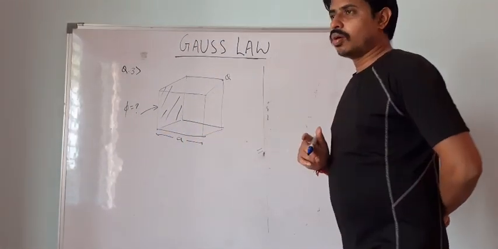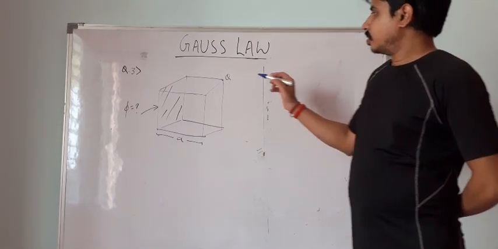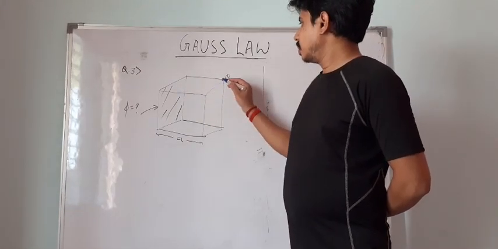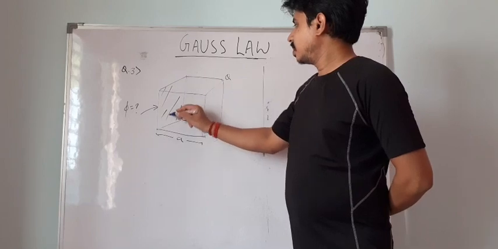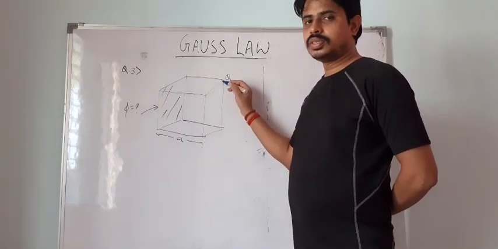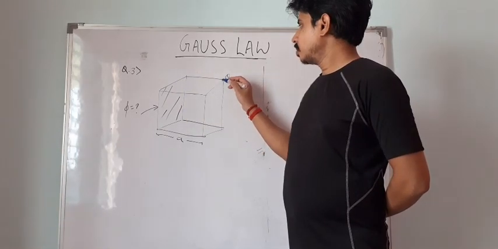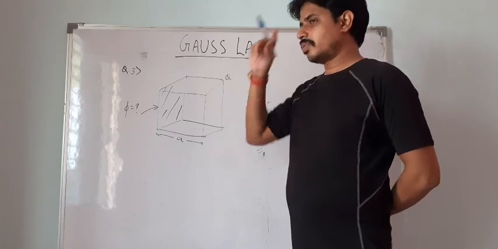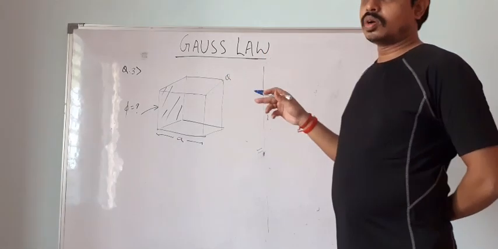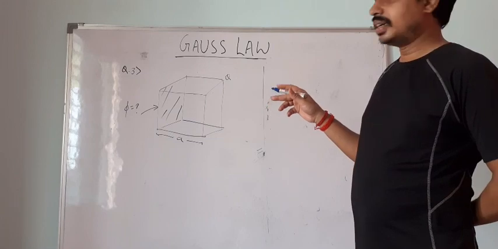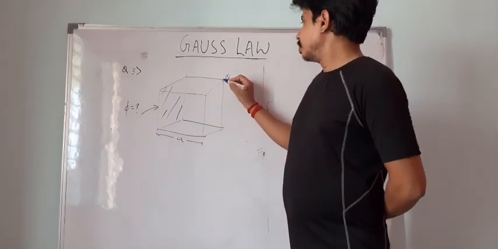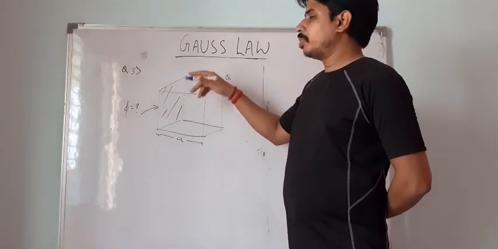Again I will apply Gauss law, because it is very difficult to find it conventionally, because everywhere the distance is different on this surface from this point charge. So again it is the case of variable electric field, and it will be very difficult to find it from the integral of E dot dA. So instead we will try to close it.